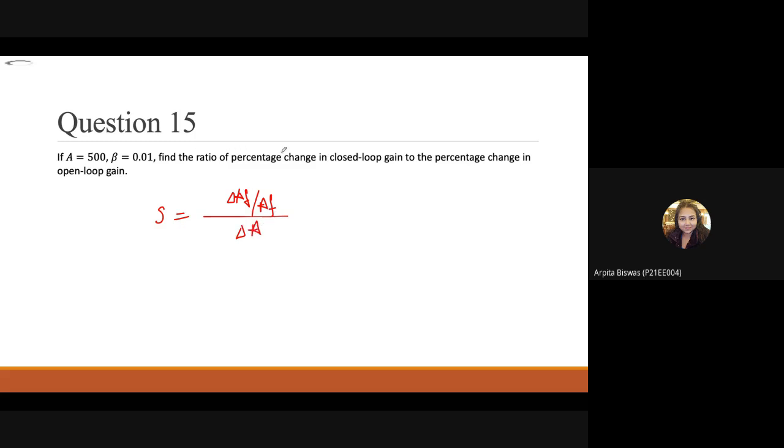Closed loop means AF, and the percentage change in the open loop is delta A by A. This is denoted as ACE. So this you have to find out. The direct formula is 1 by 1 plus A beta.